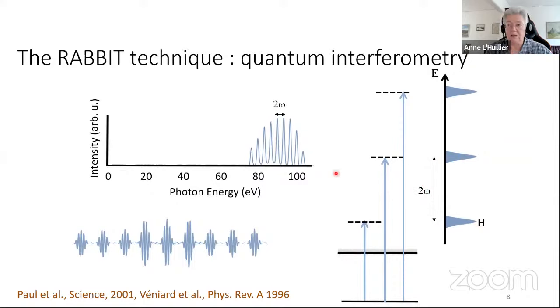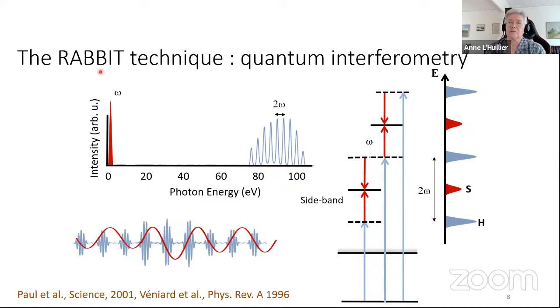Now, if we add a small fraction of the laser, which is actually used to generate the harmonics, in the time domain, this is the field, then you can have absorption or emission of a laser photon in addition to the absorption of the high order harmonics, and you get sidebands.